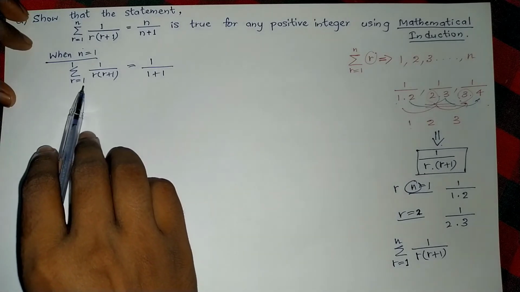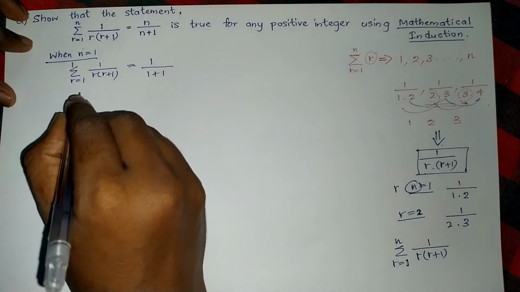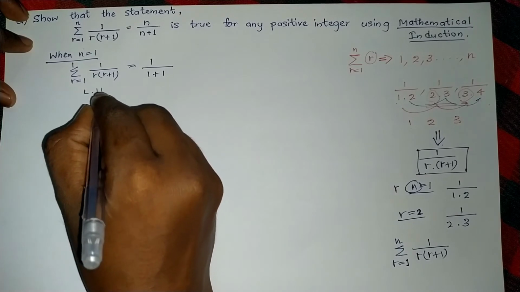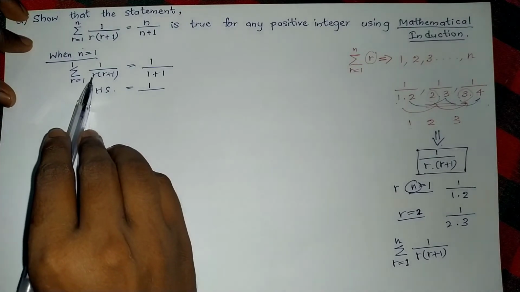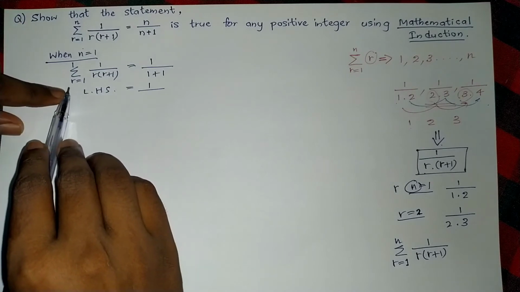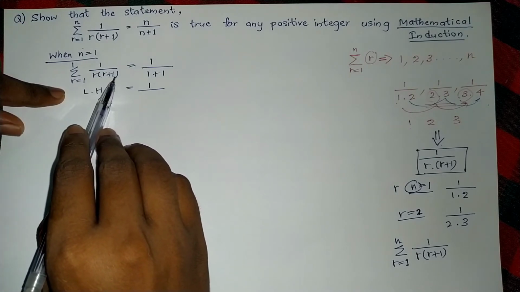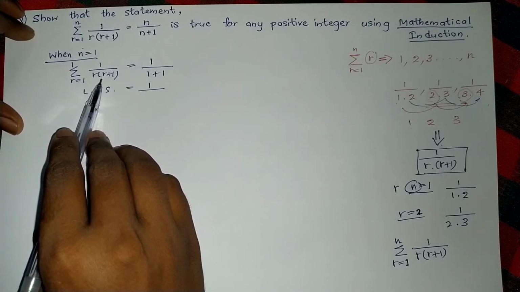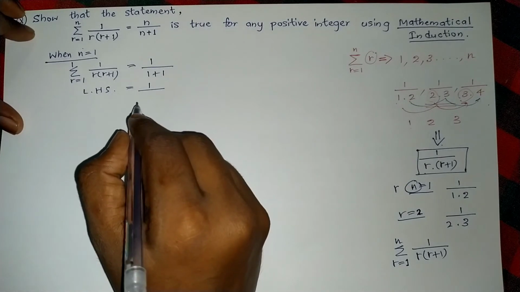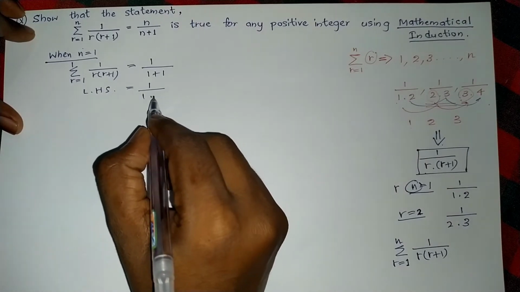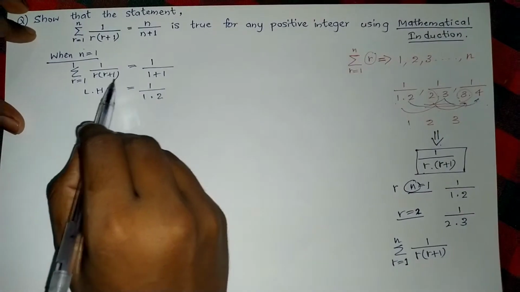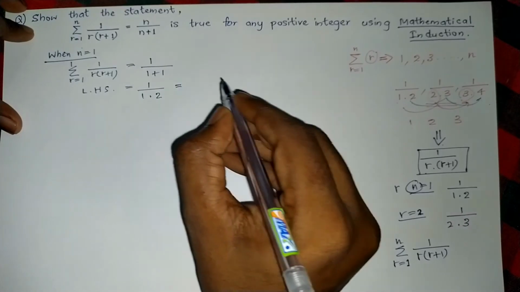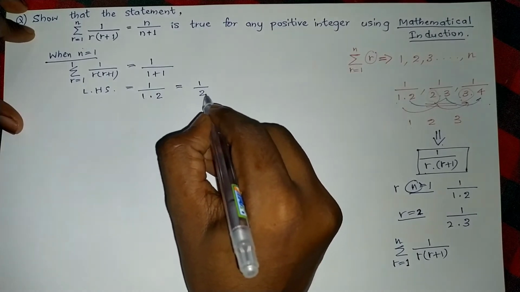Then r is just 1, therefore our left hand side becomes 1 over 1 into 1 plus 1, which is 1 over 2. So the answer for left hand side is half.